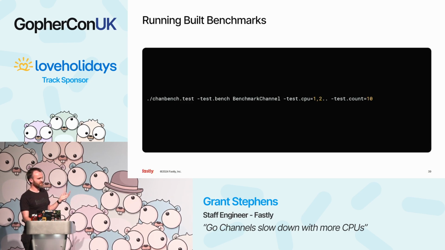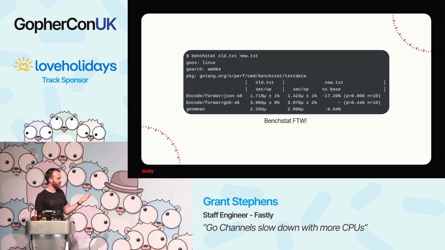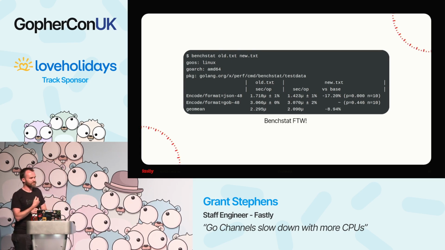test results. Turns out there's something that can help you with that, and it's called benchstat. Benchstat takes an old benchmark and compares it to a new benchmark, and you get this great output that tells you what the old one is with whatever statistical significance, and the new one, and then tells you what the change between them is.